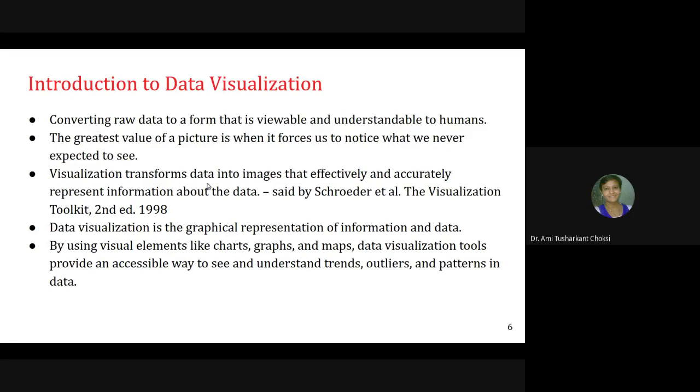Visualization transforms data into images that effectively and accurately represent information about the data, said by the scholars and researchers, right? So, visualization transforms what? Data into images. For example, if you have the result of your class, from that can we understand how many have first class, second class, third class?